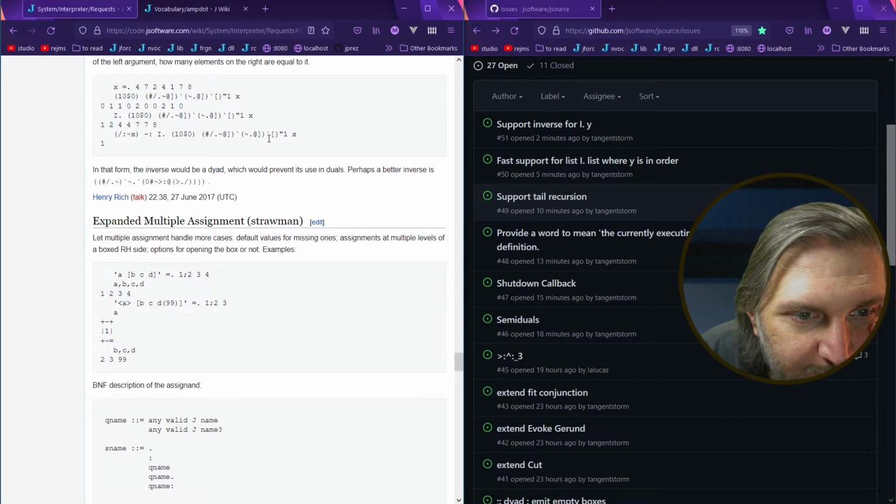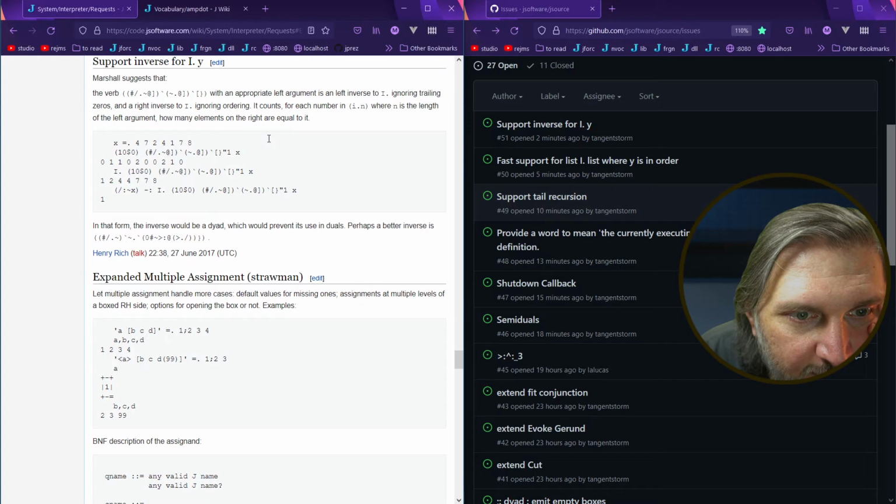Let's see. In that form, the inverse would be a dyad, which would prevent its use in duals. Anyway, so I was going to say, I. 1, 2, 4, 4, 7, 8.